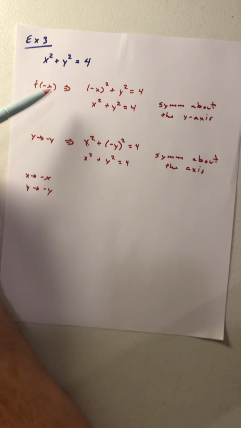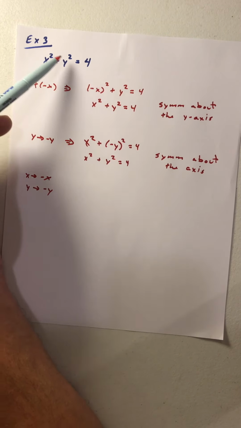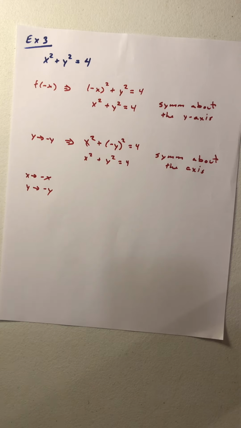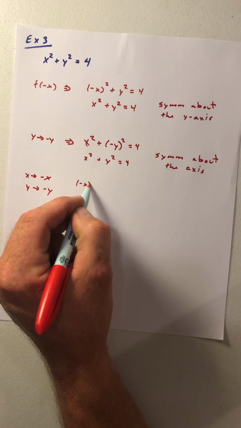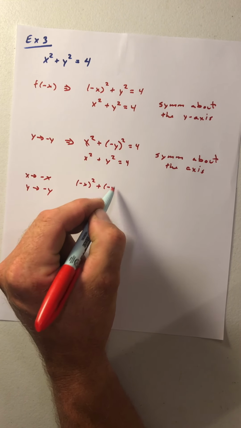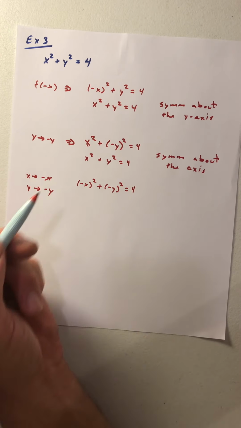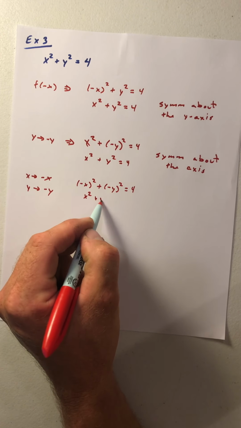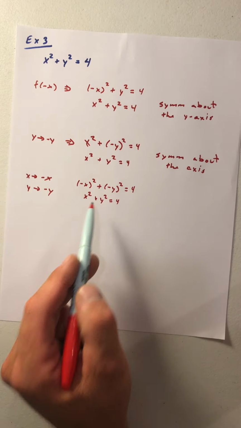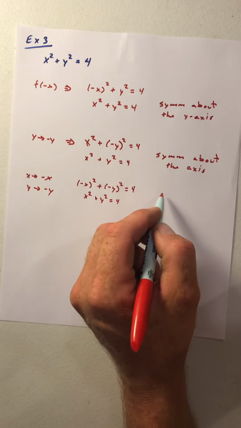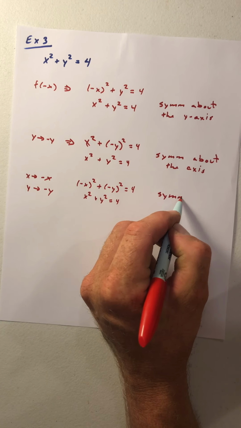If it were a function, then we'd be able to test it up here just like we did before. So if I do that, then we have the negative of x squared plus the negative of y squared equal to 4. So we get x squared plus y squared equal to 4. This gives us the exact same thing out, so we know that it's symmetric about the origin as well.